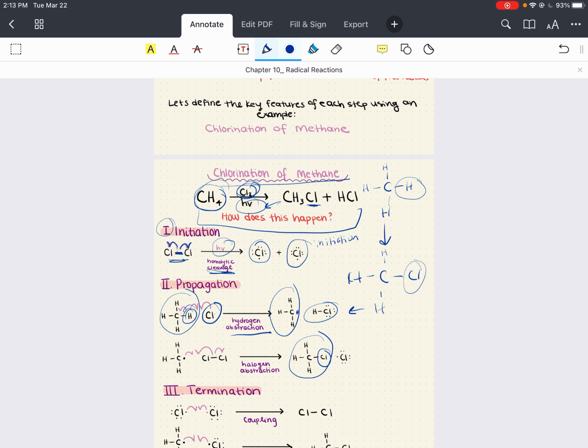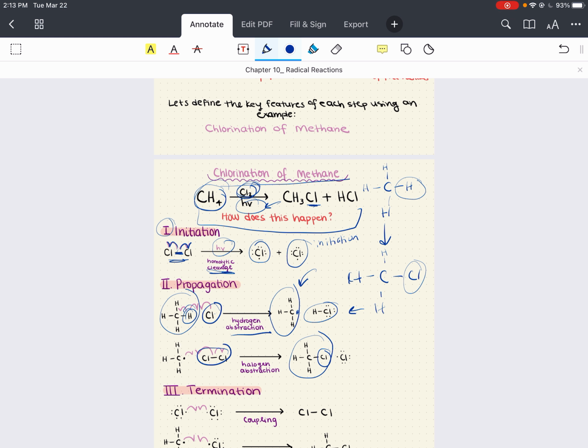Now what can happen is a halogen abstraction. This methyl radical that we formed can abstract a halogen, the halogen being chlorine here, and generate a new radical.